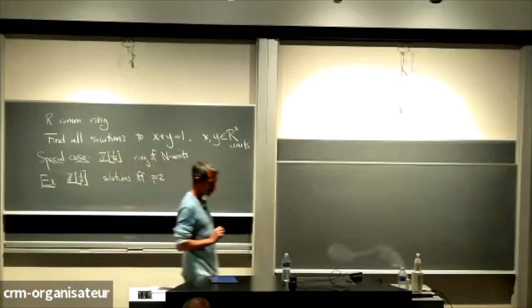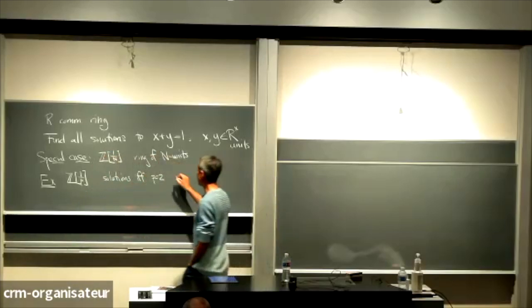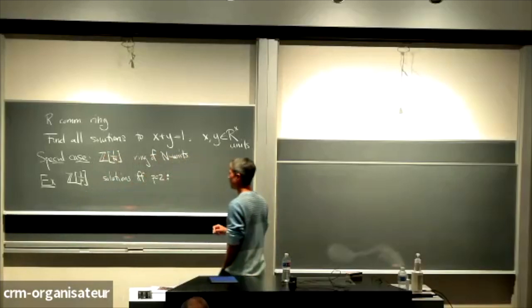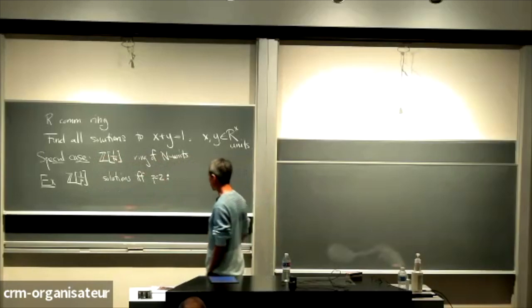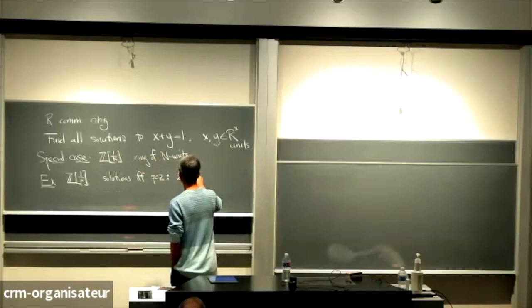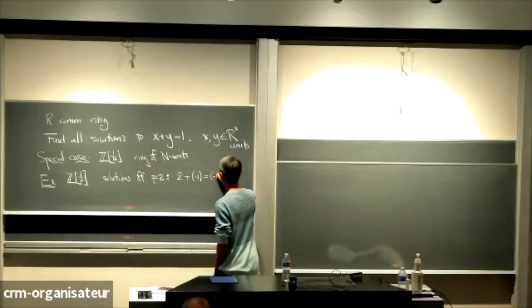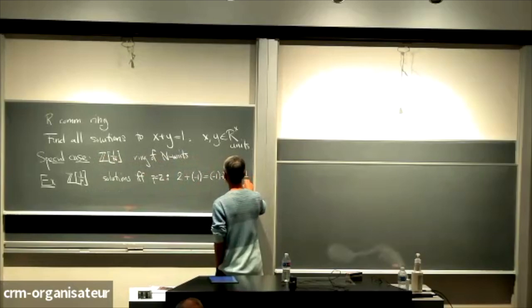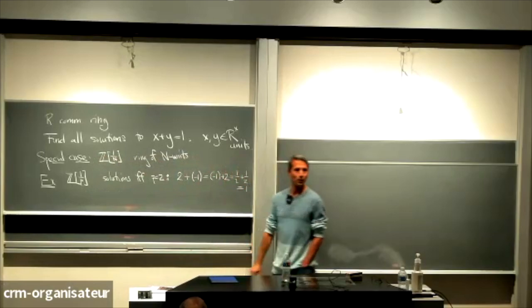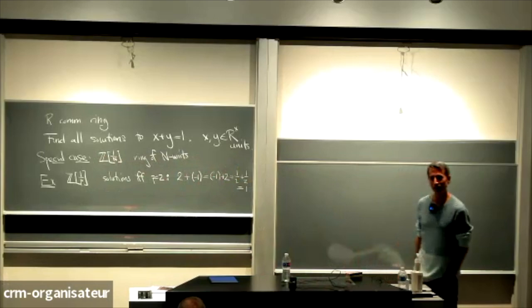These are units where you only have p in the numerator and denominator. So what are the solutions? They're 2 plus minus 1 is minus 1 plus 2 is 1/2 plus 1/2. And all of those equal 1. I only allow 2.